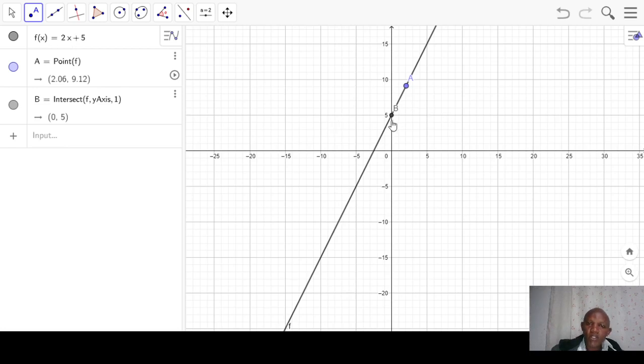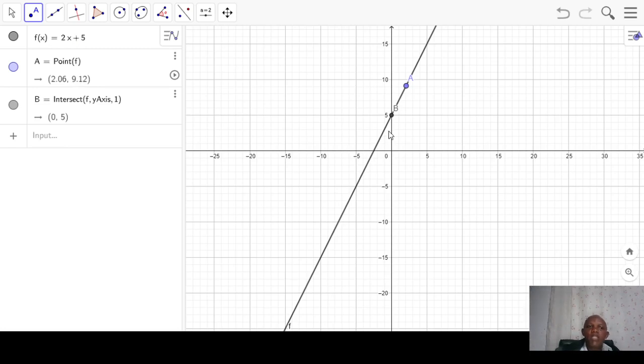So if you have change in y over change in x, this is 5 over 2.5. So this over this will be 2. That's what we're saying in this equation of a straight line.